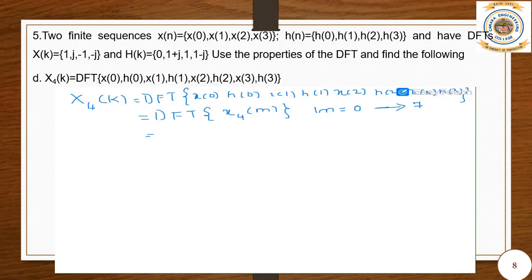So, I can write this as the DFT of x4 of m even plus DFT of x4 of m odd.